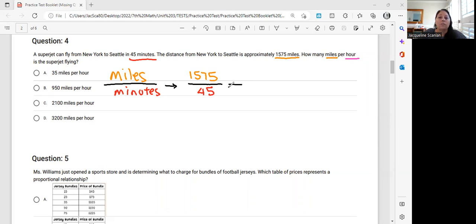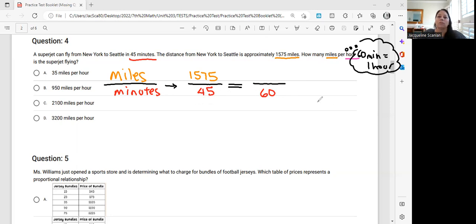So the easiest way to do this is to think about how many minutes are in an hour. Well, you all know that. You know that 60 minutes equals 1 hour. All right, so the denominator of our new fraction when we're talking about minutes and hours is going to be 60. We're not going to put a 1 down there. Even though it says miles per hour, we have minutes that we're using.